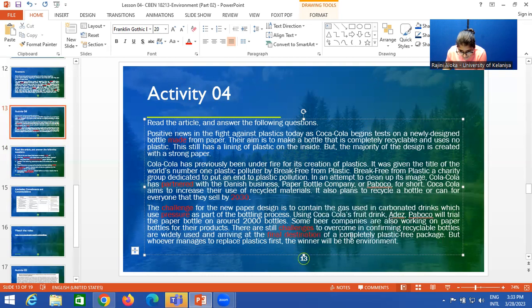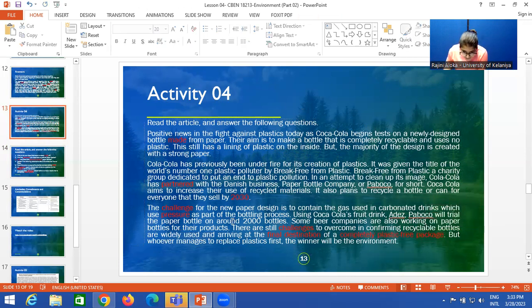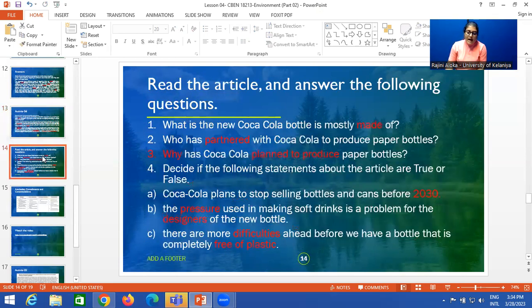Completely plastic free, free of plastic, same thing. Let's read this now. There are still challenges to overcome in confirming recyclable bottles. Recyclable bottles are widely used and arriving at the final destination of a completely plastic-free package. So it's true, right? There are still going to be more problems till we get fully plastic-free bottles and cans.